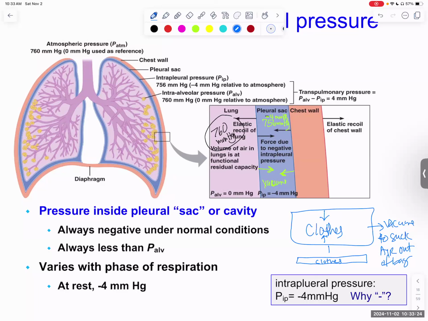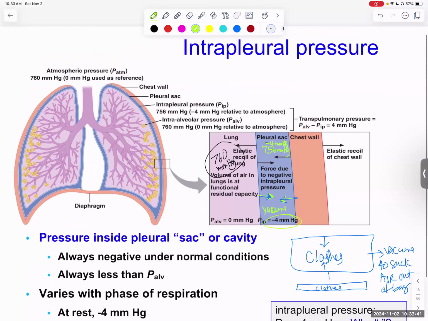That negative or less pressure, the pressure that you pulled out, is what pulls the bag walls towards one another. And that is why it's important to maintain less pressure in this intrapleural cavity or space, or pleural sac, whatever you want to call it. It keeps the membranes together so it's moving as a unit.